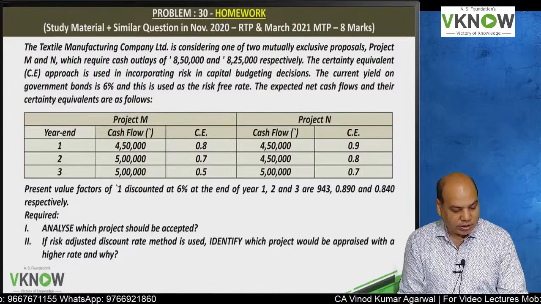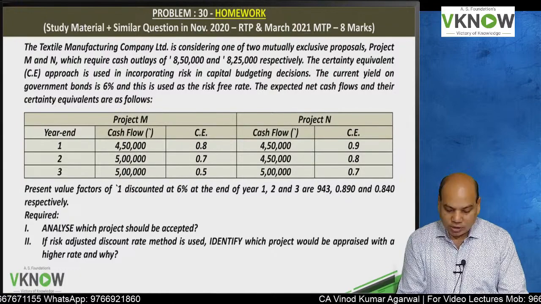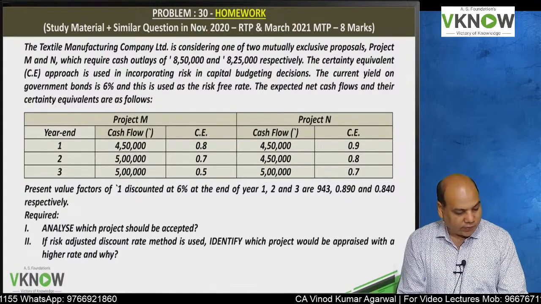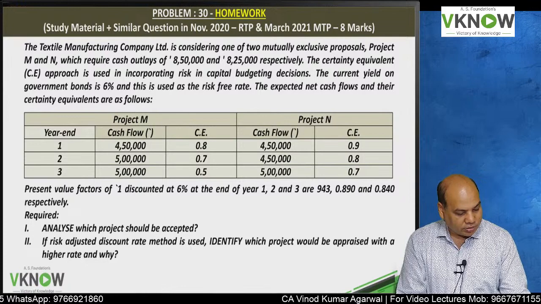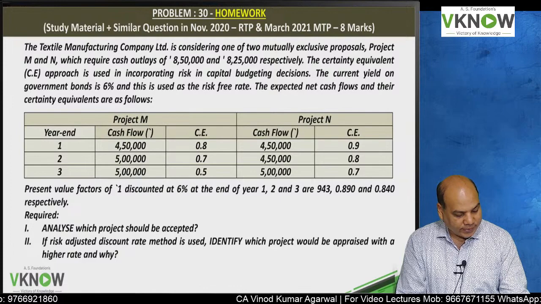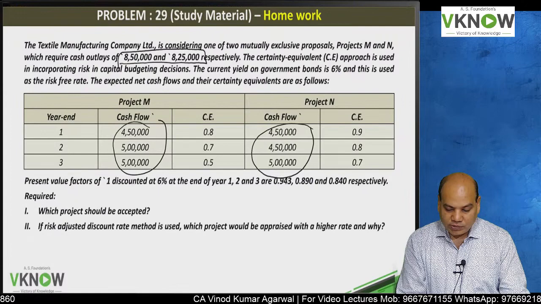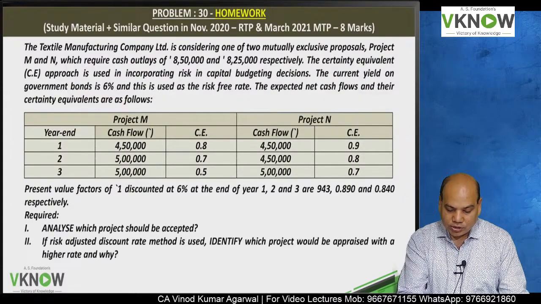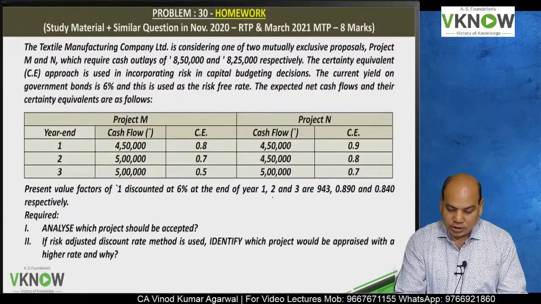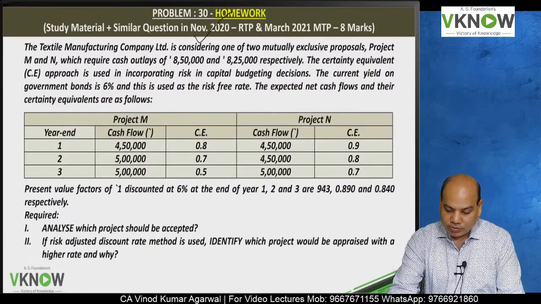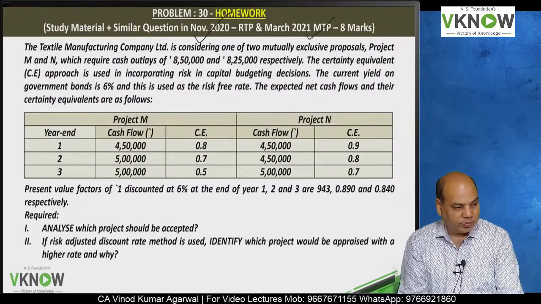Homework: question number 30. Again the same problem. Here the figures are also, I think, the same. So you can just do one of the two. If the figures are 100% same, you can do one of the two. The previous question was in the study material. This question was in the November 2020 RTP, March 21 MTP.